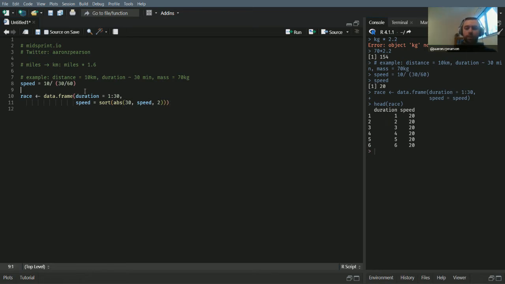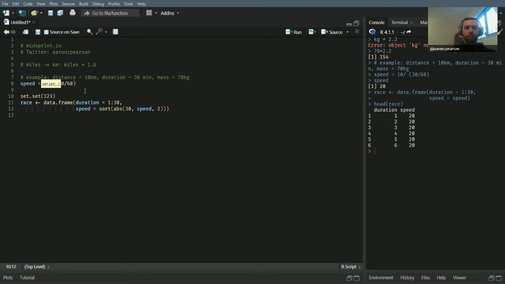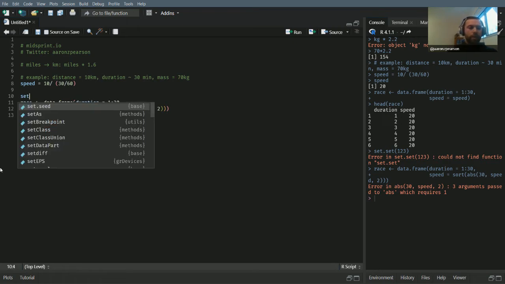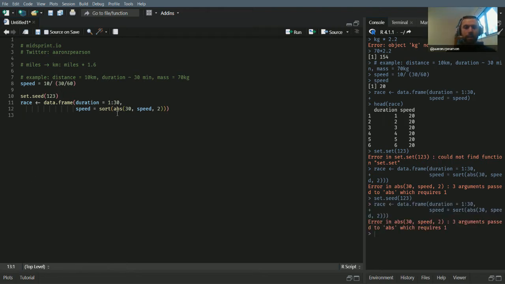If you'd like to get the same values as me, you could set your seed to 1, 2, 3. Set seed. There we go. And there we go, I forgot the rnorm function.